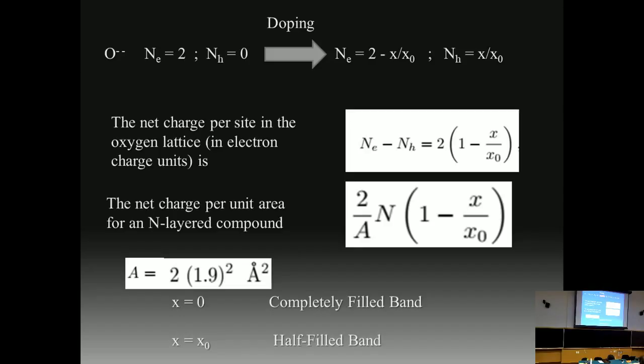We don't have a detailed microscopic model of how the oxygen lattice is doped. But we call x0 the value at a certain stoichiometric doping where it will become half filled. So we call this by definition x0. And we show that for x equal to x0, we have the maximal doping.